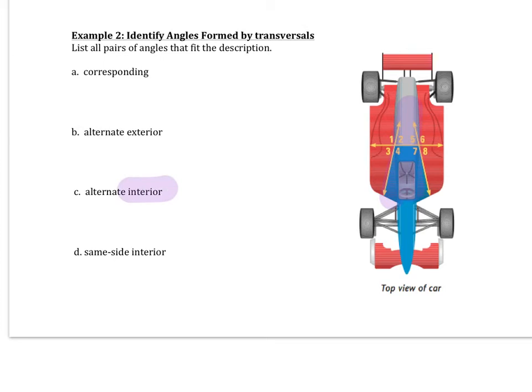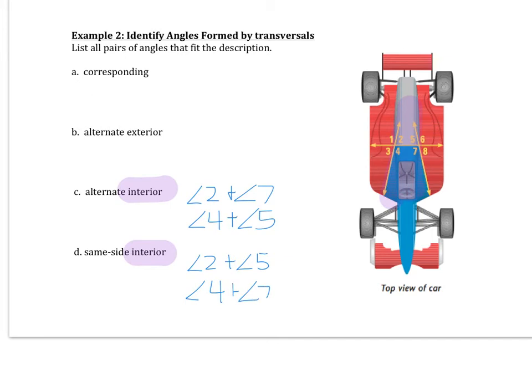I'm going to do alternate interior first. Alternate means opposite sides, so I have 2 and 7, 4 and 5. Interior on the same side would be 2 and 5, 4 and 7.